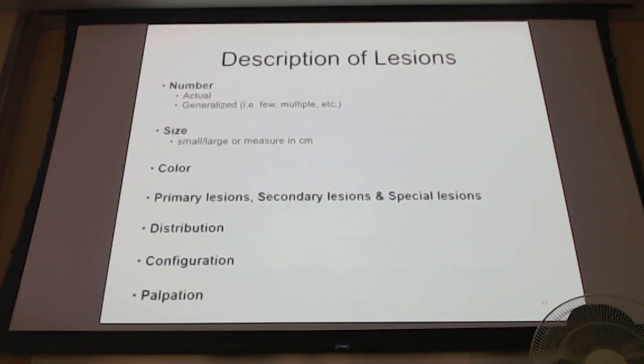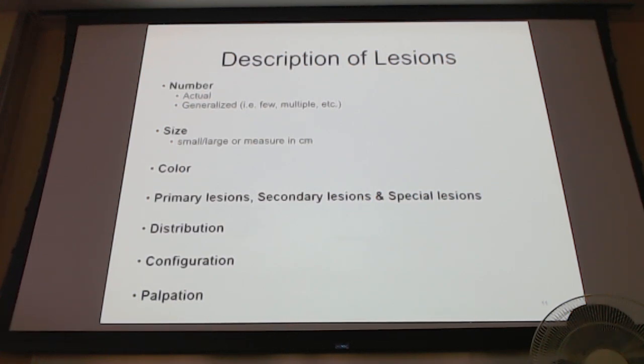Yeah, we're going to talk about those things. Okay? Description, number. Is it actually one spot, or is there numerous stuff on the upper chest, or on the right shoulder? Where is it at there? Generalized. Size, right? So we're going to measure that out to see how big it is, right?